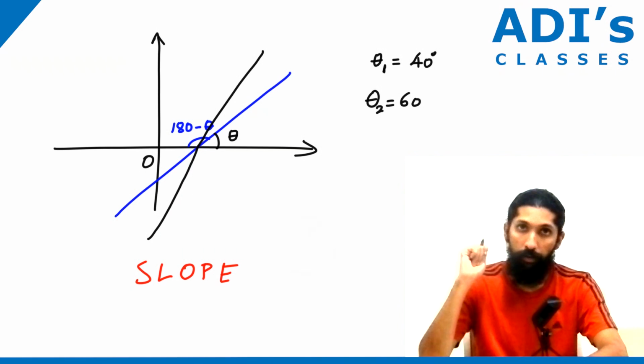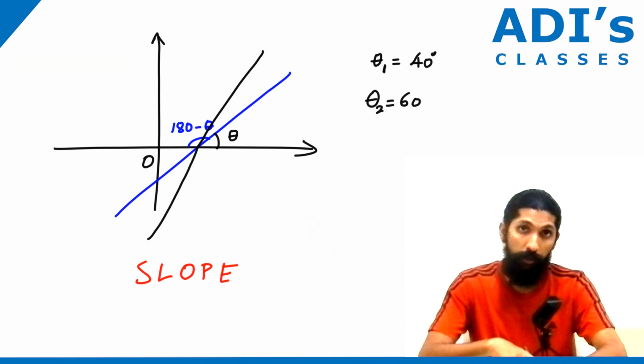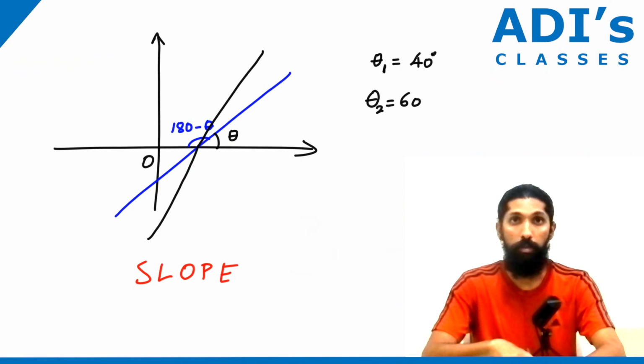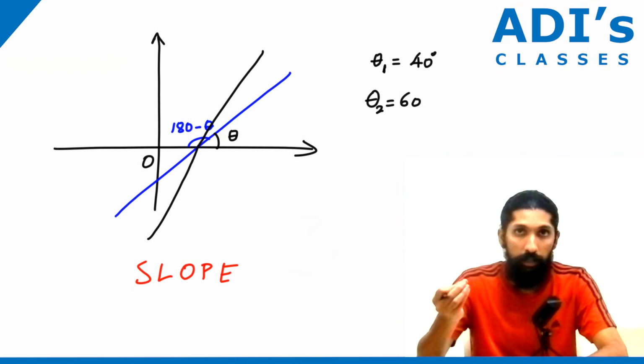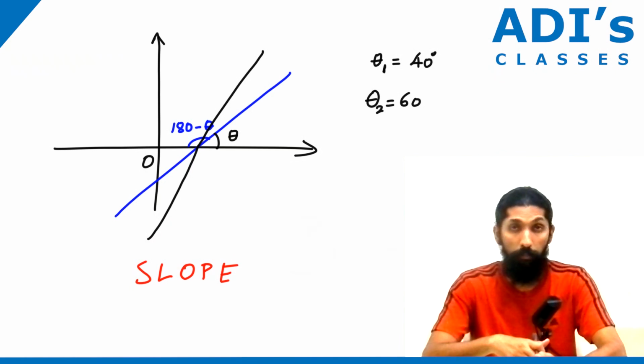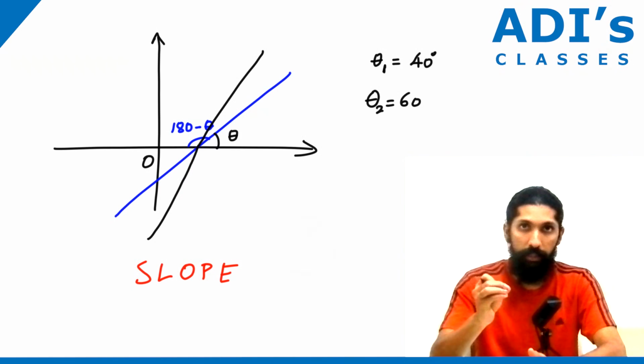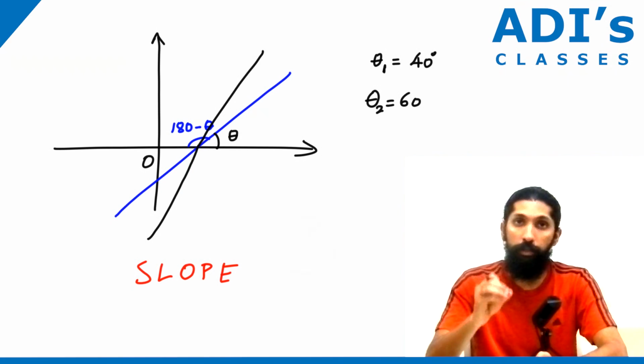Fair enough? So the next point is, how do we mathematically define it? Because one way of understanding the slope is that it's just a gradient, very easy to understand. But how do we define it mathematically? To define it in a mathematical way, we use trigonometry.